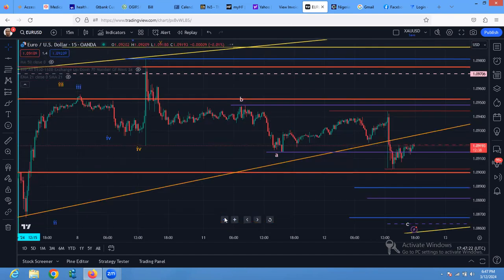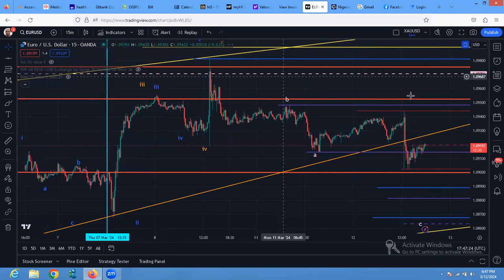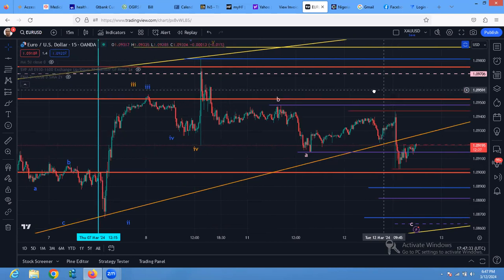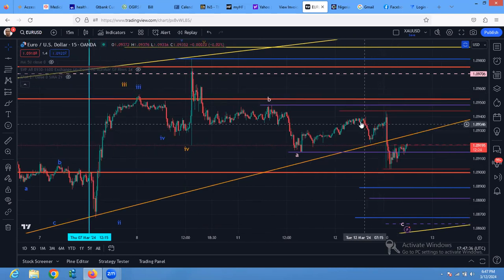So we see this as A, B, and so the C part, we are done with the A part, we're done with the B part of this wave, and so we are on the C part of the wave. We believe that the move, this is like a 2.